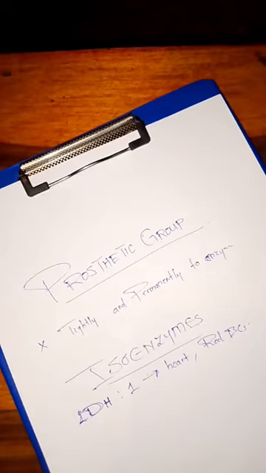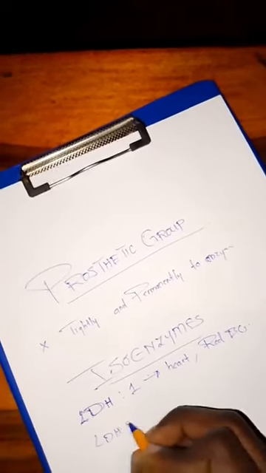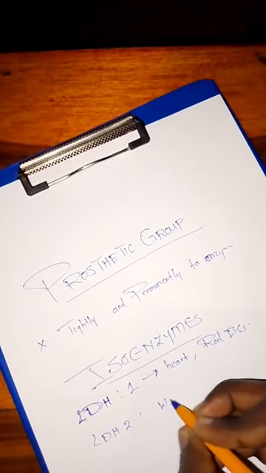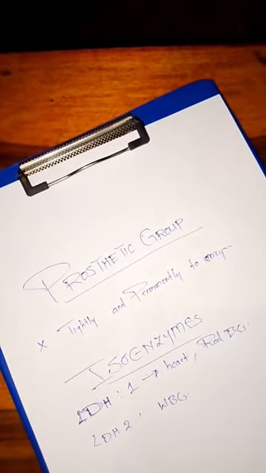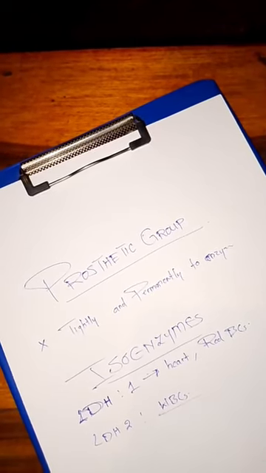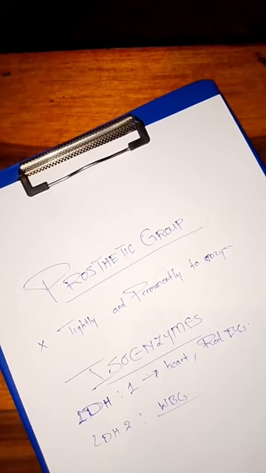Then LDH2 is used in the diagnosis of conditions that have to do with white blood cells. It can also be found in small amounts in red blood cells, but it is mostly in white blood cells.